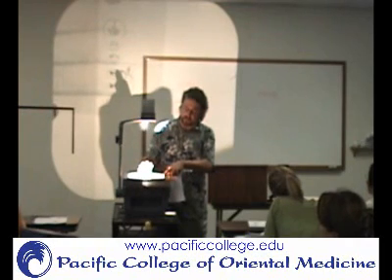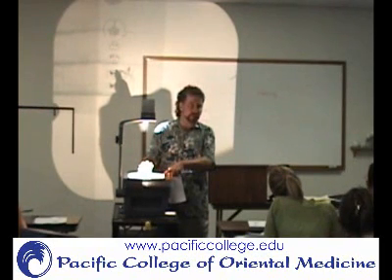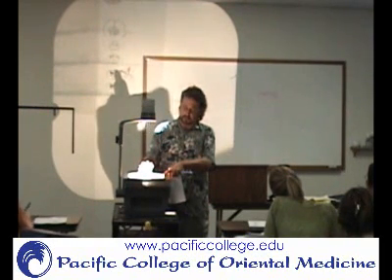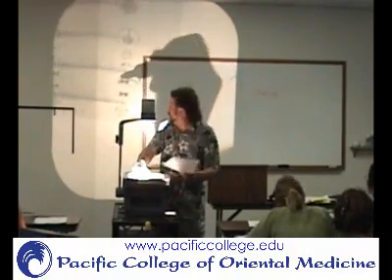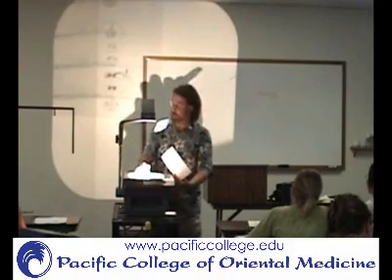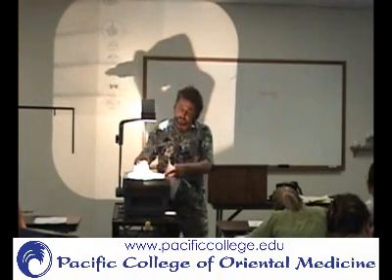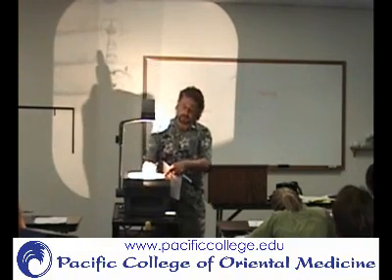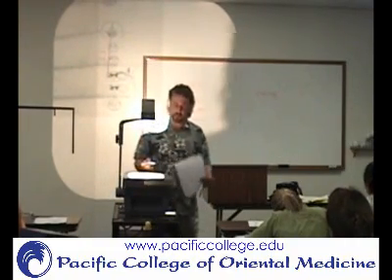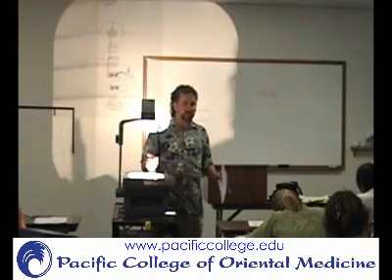Then it crosses at the level where it enters. So it's crossing here, and it's going to go in the lateral column. Then it's going to come up to the thalamus. So this is neuron number 2. And then where does neuron number 3 go?